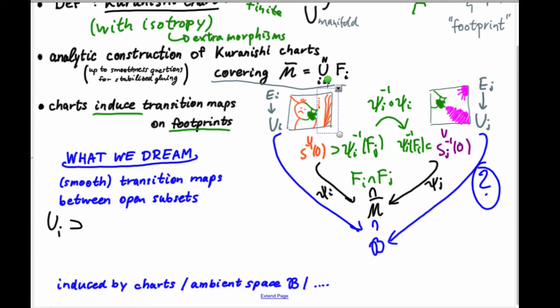So maybe I have an open subset for each j in my UI, that is homeomorphic to an Uji in my Uj. And that should of course be made so that when I look at the zero set here and intersect it with that open set, that should be exactly the green stuff. That should be exactly my footprint in here.